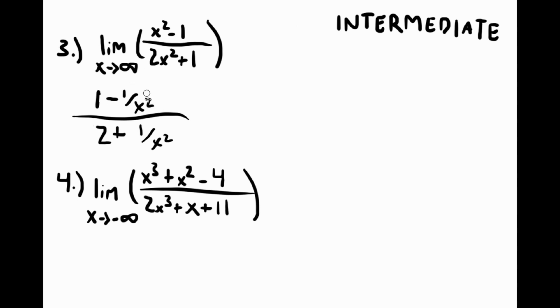Alright, so 1 minus 1 over x squared divided by 2 plus 1 over x squared. So now we're going to try to apply the as x approaches infinity with these, because it's a lot easier to find what the value of this function is as x approaches infinity.